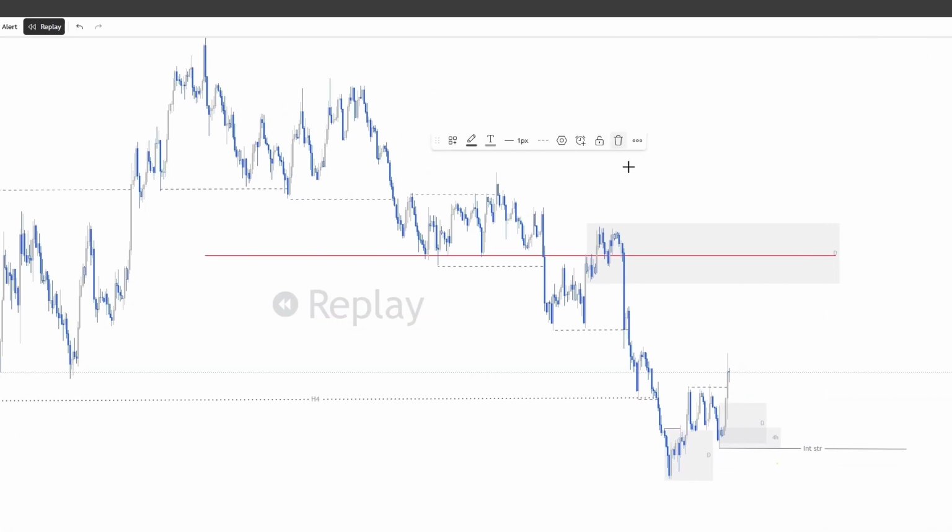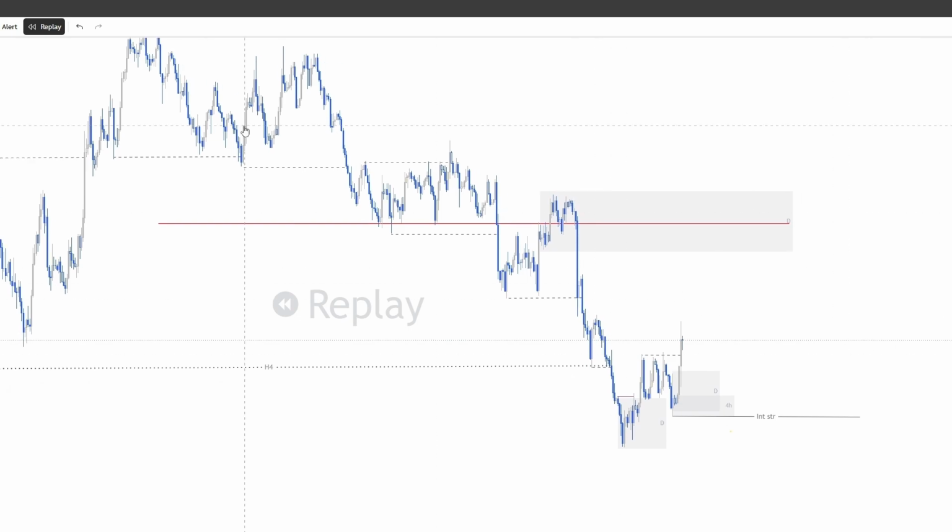So now what I expect is, you see that we have a break of structure here. Once price took out this low, it took out liquidity here, and it also broke a structure over here. So I should expect price, as it took out this low, to begin to retrace back. You see the price begin to pull up, then it came down and pulled up again.